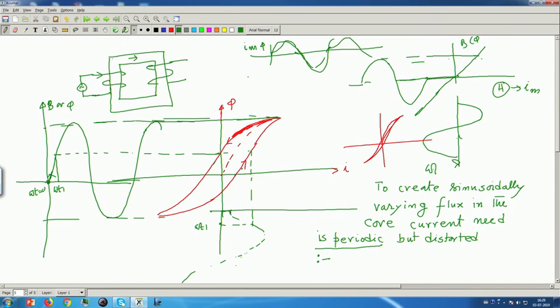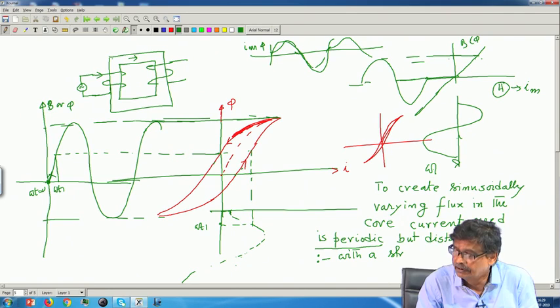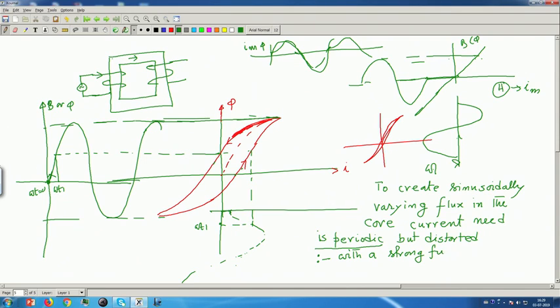And you know, with higher order harmonics, the amplitude of the coefficients of the harmonic terms generally gets reduced. Therefore, the exciting current is periodic but distorted, with a strong fundamental component with a predominant third harmonic component.